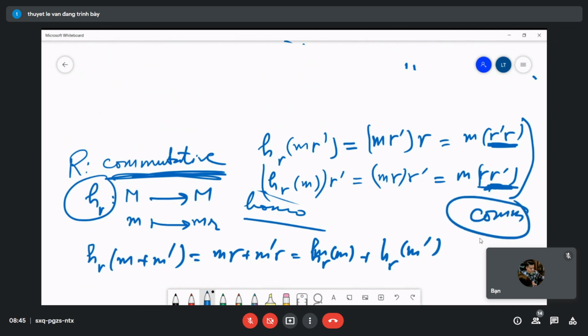So if you want it to be homomorphic, you should give the condition that R is commutative. So H_R is homomorphic.